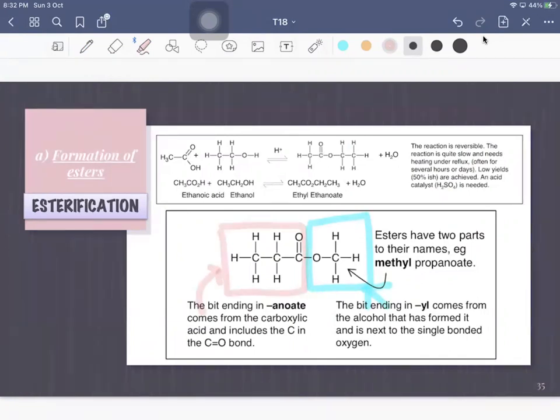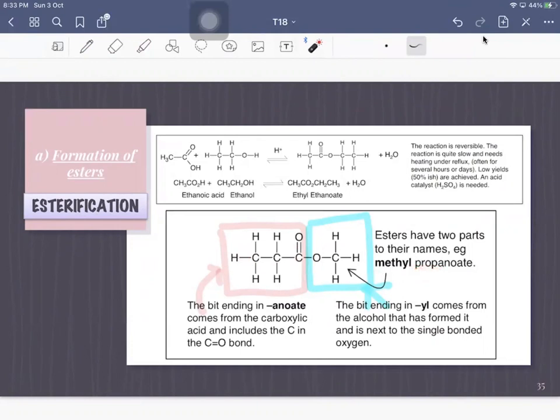Let me go through this quickly. The alcohol part only has one carbon, so that is a methyl. The carboxylic acid, 1, 2, 3. There are 3 carbons, so that's a prop. So it's called methyl propanoate.